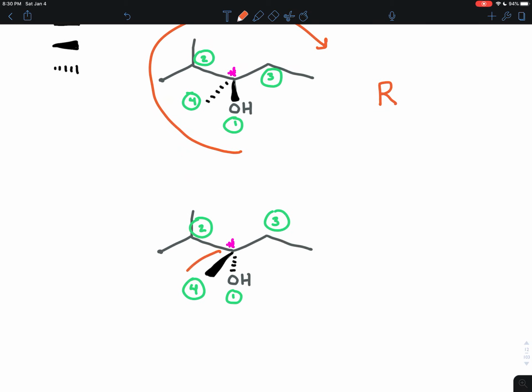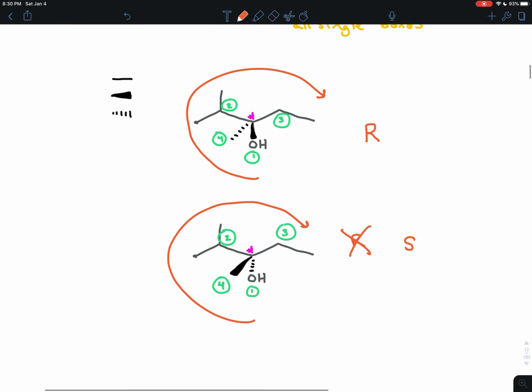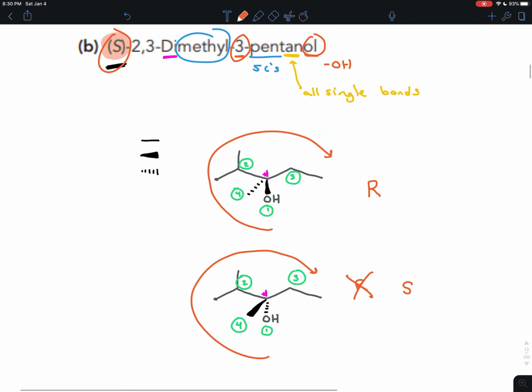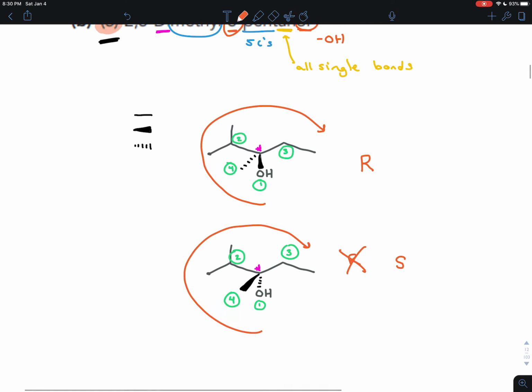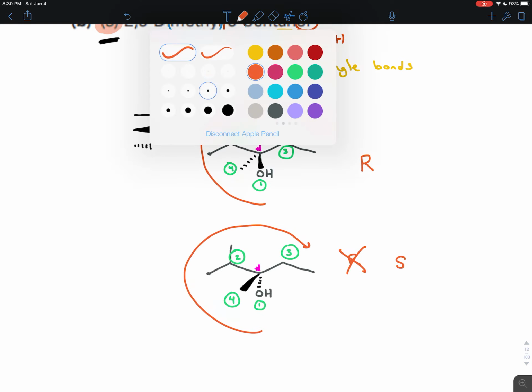On the other hand, in the one at the bottom, 4 is not going away, it's coming out at us. So if you go from 1 to 2 to 3 here, it looks like you would have R, but because 4 is coming out at us, you cross that out and you put the opposite, it's S. So the one on the bottom is S. And because S is what they want us to draw, the one on the bottom is the correct structure.